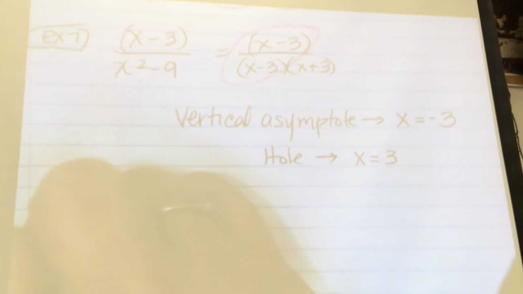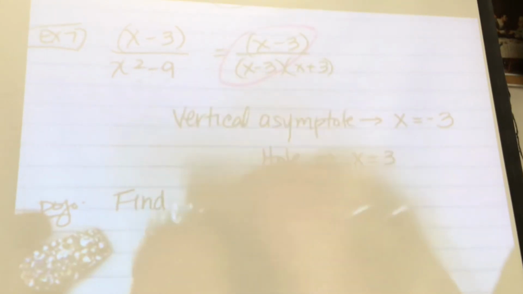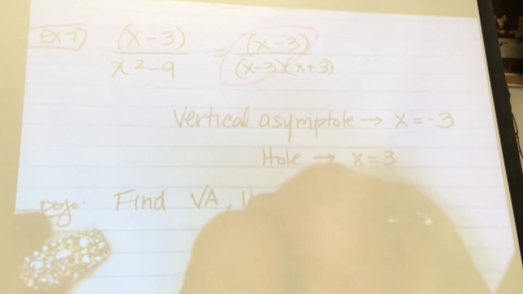Here's your doyo. I want you to find vertical asymptotes and holes.